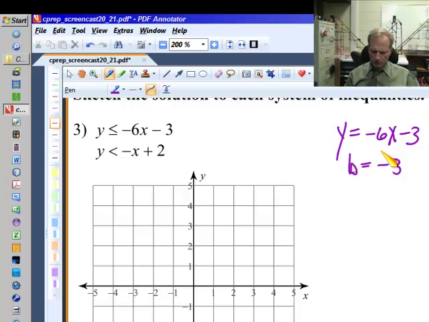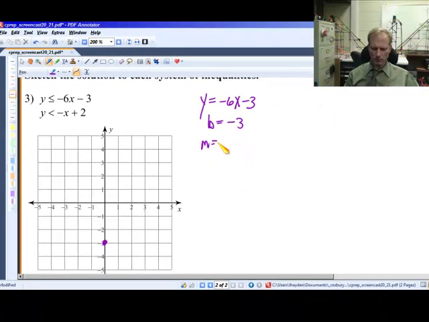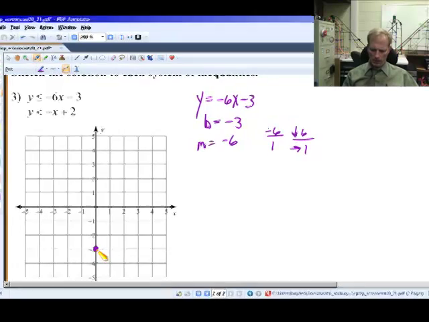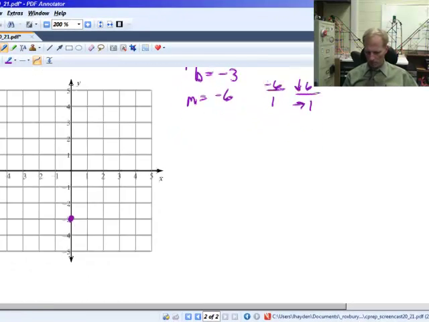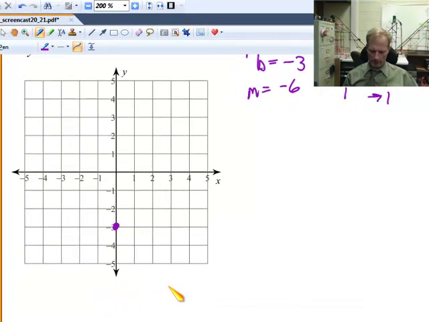And then my slope value is the coefficient of x, which is -6. So the slope of -6 is -6 over 1, which is down 6 to the right 1. So I go to -3 on the y-axis, and I'm going to go down 6 and to the right 1.